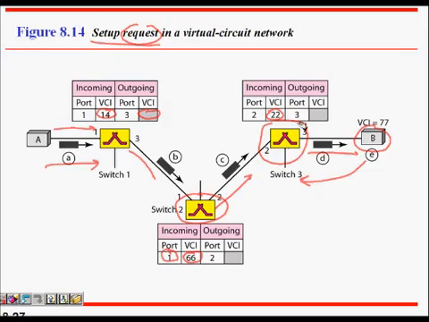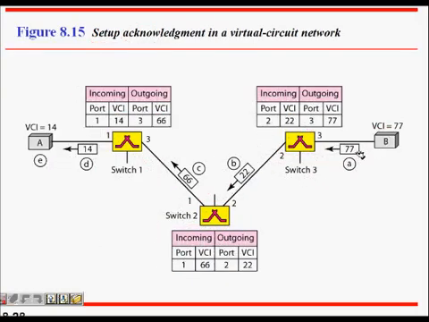Then it sends an ACK saying that I am ready to receive. So when this packet goes, it comes at port 3, and now this router will know that the virtual circuit identifier is 77. So this 77 VCI comes here. Switch 3 will now know that this is the ACK for your request packet. Port 2 and VCI 22 was there, and now outgoing will be 3 and VCI should be 77.